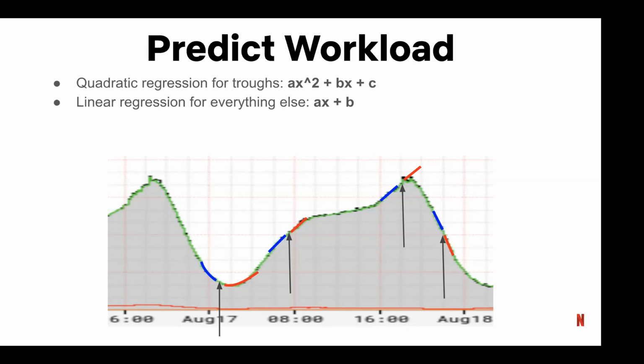And the red area represents the regression function's prediction for the future event rate after a given point in time. So for smooth workloads, this works pretty well. You can use historical data to pretty accurately predict what the workload will do in the near future.